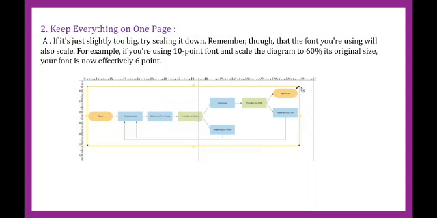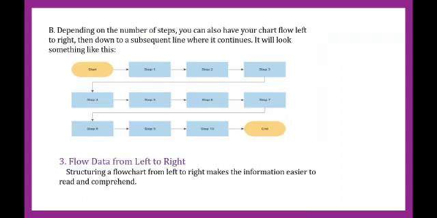Next, depending on the number of steps, you can also have your chart flow from left to right: start from the left and end at the right, so steps go in that way. The third point is flow data from left to right, as in the same diagram. Going from left to right makes the information easier to read.